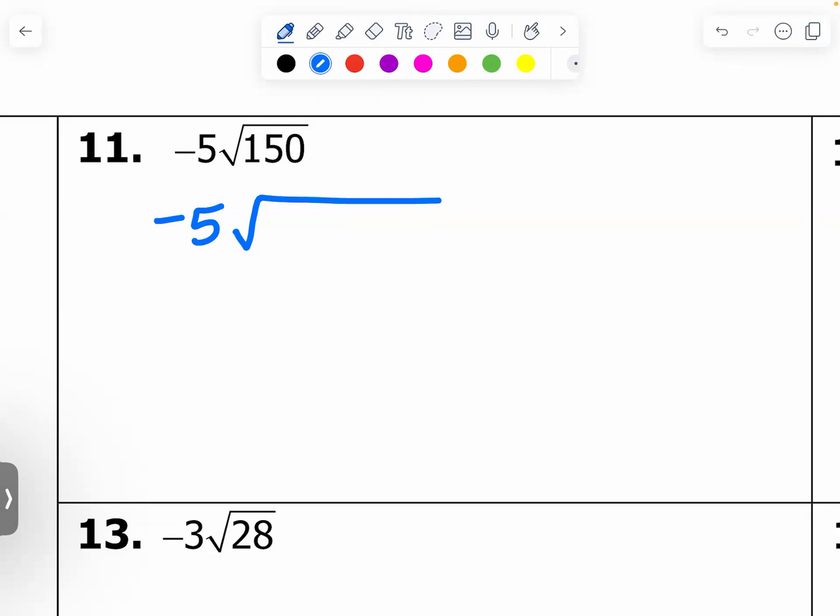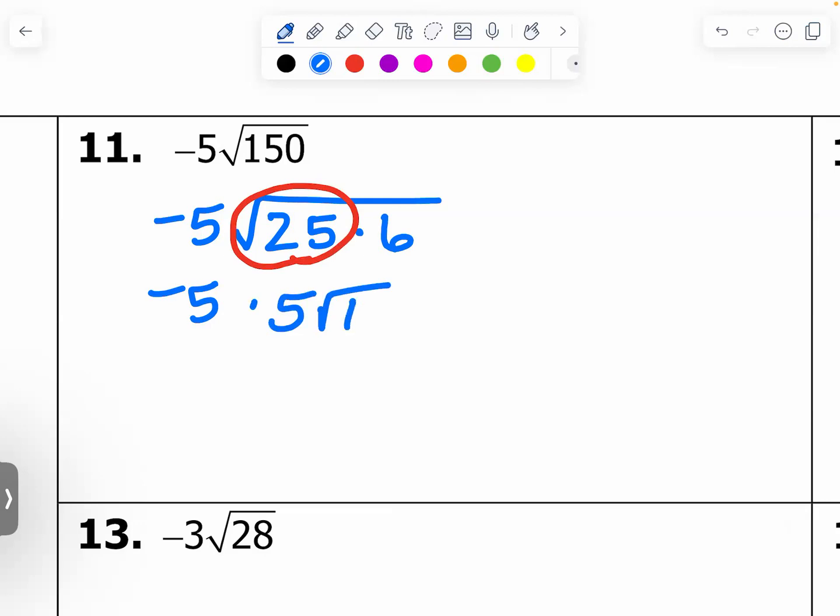150. What 2 numbers multiplied make 150? 25 times 6. Okay. So the square root of 25 is 5. So when you did your factor tree, do you have 5 square root 6? Well, I did like half of it, and then I did 15 and 10.